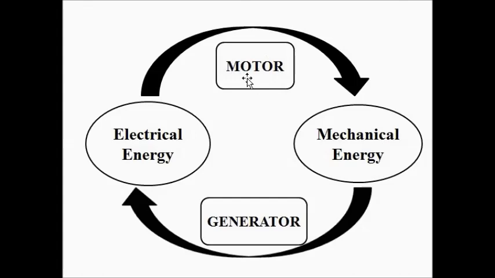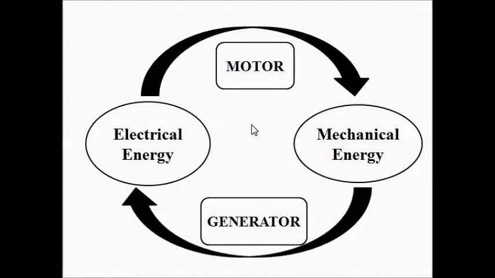So a motor is an electrical machine which converts electrical energy into mechanical energy. And a generator converts mechanical energy into electrical energy. So we'll discuss motor and generator in detail.